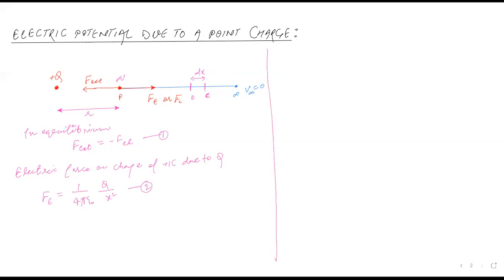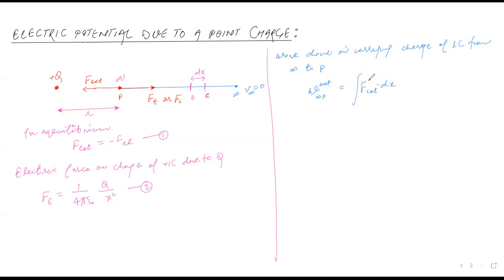Now, in the next part, we are going to calculate the work done in carrying a charge of 1 coulomb from infinity to point P. W is equal to W from infinity to P, the integration of F of external dot dx.